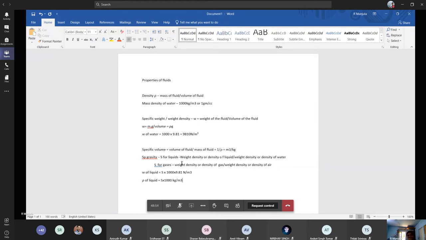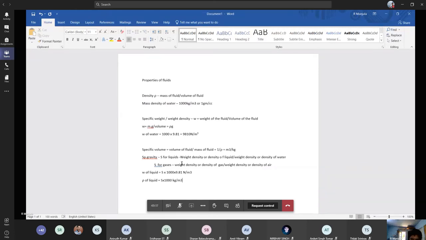And specific gravity is defined as, either for liquids or gases, the weight density or density of a fluid divided by weight density or density of a standard fluid. So for liquid, the standard fluid is taken as water. So hence S for liquids is equal to weight density or density of fluid divided by weight density or density of water.